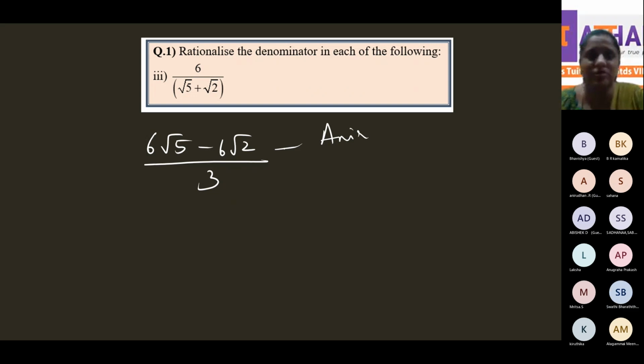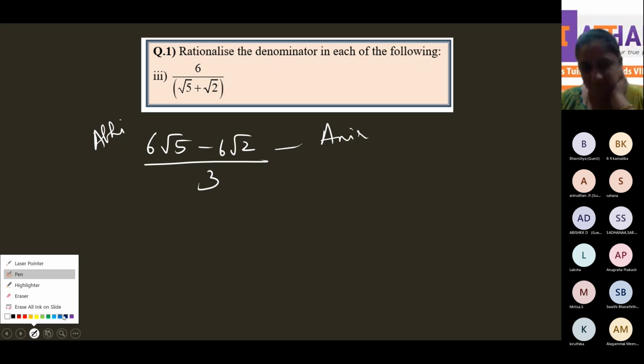Abhishek, this answer? No, ma'am. Root 3 plus root 5 divided by root 3 the whole square minus root 5 the whole square is equal to root 3 plus root 5 divided by 2, ma'am. Okay. Sahana, 6 root 5 minus 6 root 2 by 3, ma'am.